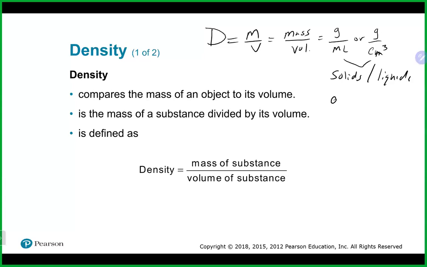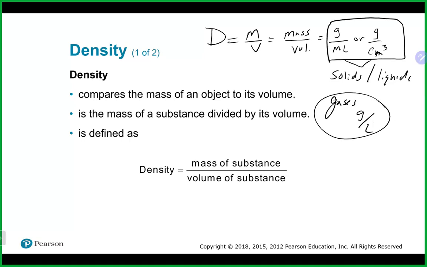If you're dealing with gases, which we really don't in this class, but sometimes you might come across it, the density of gases is typically given in grams per liter. But grams per milliliter or grams per cubic centimeter are your big 2 units for density here. A reminder that 1 milliliter is equal to 1 cubic centimeter, a 1-to-1 conversion.